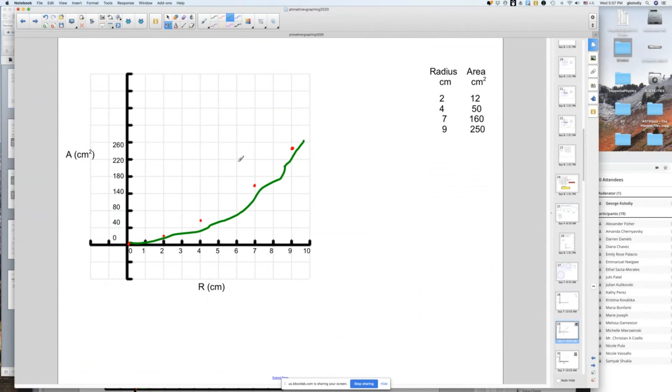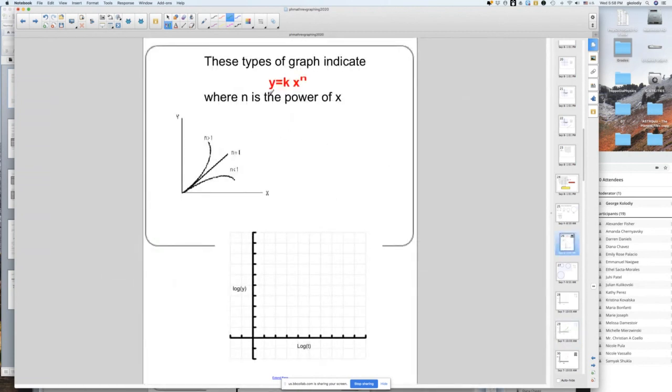And that tells you something. If a curve goes like that and not a straight line, or it curves down away from the straight line, that tells you something. It tells you this. I took the slide that I had right here, that the connection between the two variables that you're graphing is that y, whatever you're graphing in the y, is equal to some number, some constant, times x raised to some power.